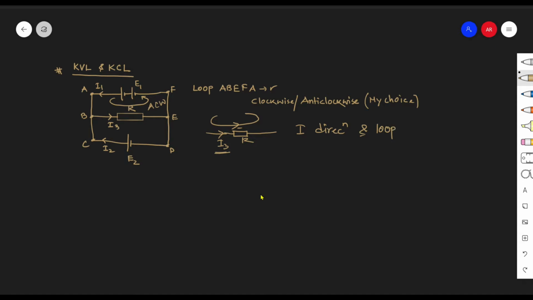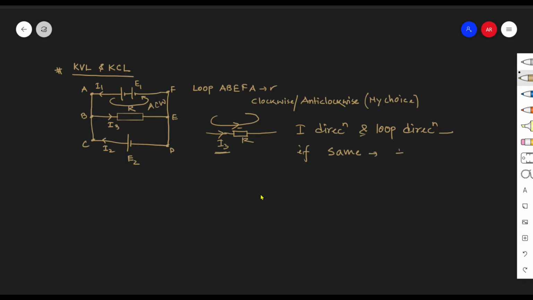One is the upper loop, A, B, E, F, A. This is the upper loop, and I have chosen this upper loop by drawing the current from the positive terminal to the negative terminal. So the loop I drew is basically an anticlockwise loop.